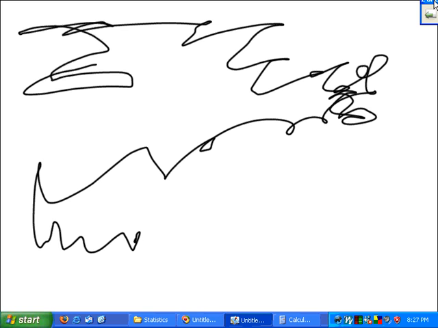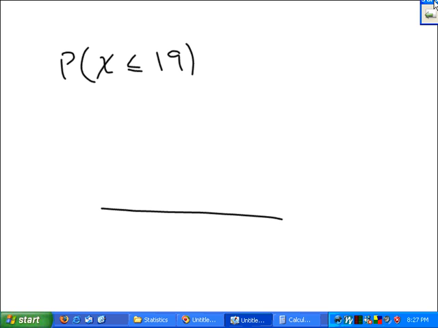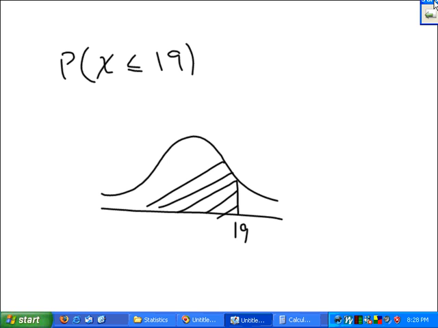Why don't we review that step at this point? Suppose I want the probability that some score is below or equal to 19. I'm not really concerned if 19 is above or below the mean. Let's suppose 19 is right here. Now, I want to capture all of this area.